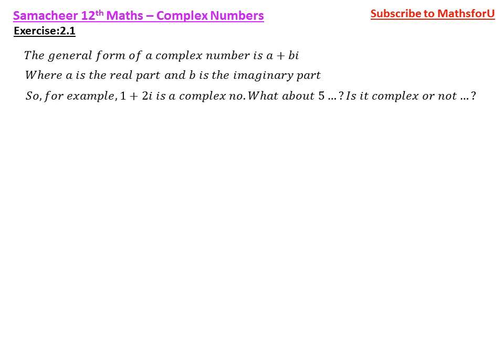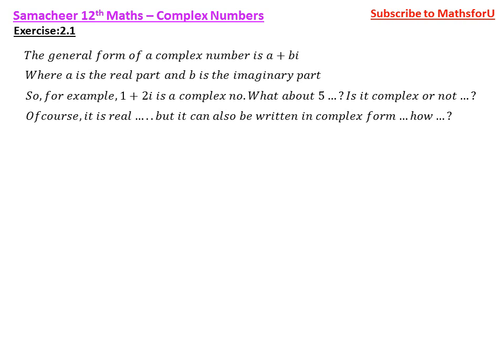So all real numbers can be written as complex numbers, but not all complex numbers are real numbers. That is a corollary. So 5 is a real number, but it can also be written in complex form as 5 plus 0i.